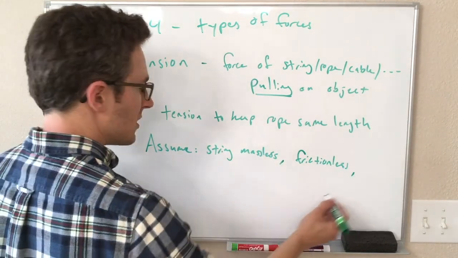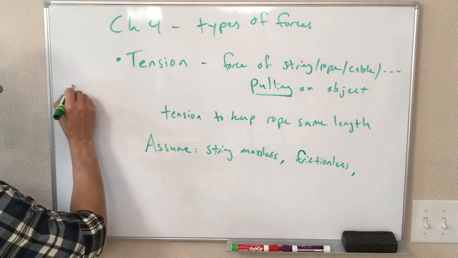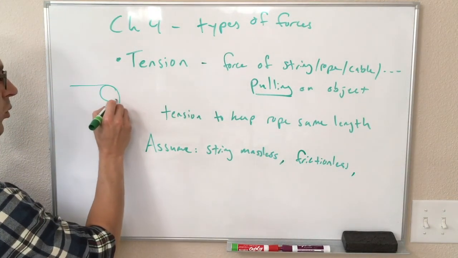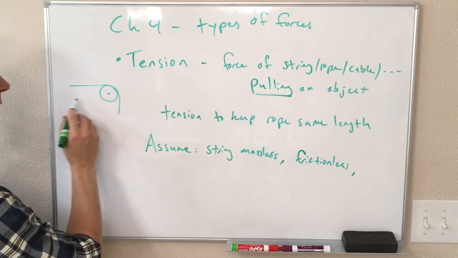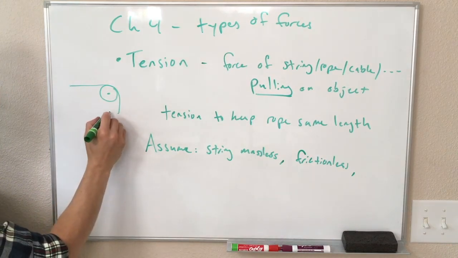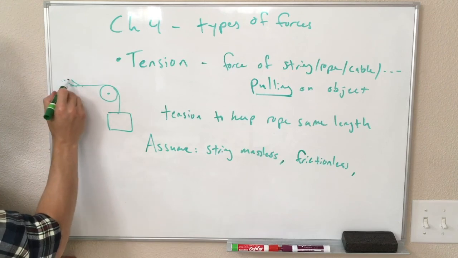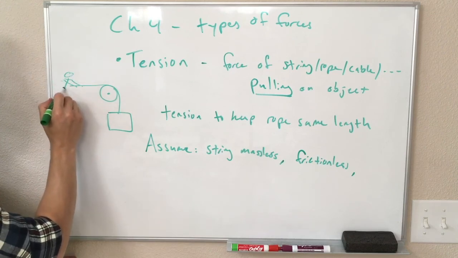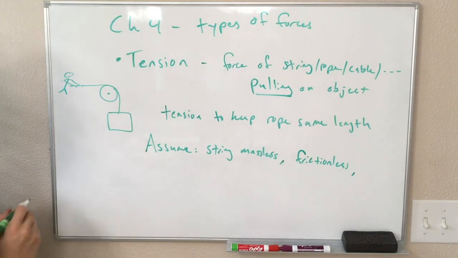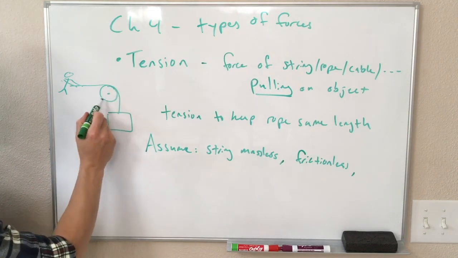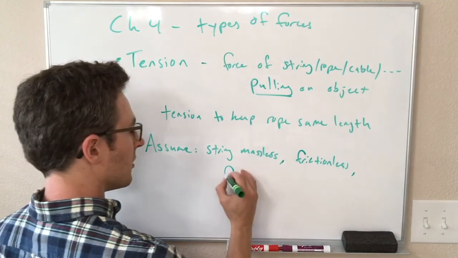And this also means if we have a rope that is going around a pulley, so we could have a wheel that turns and changes the direction of our rope, right? We have some block here and we're holding it up by holding on to the rope there. We're going to assume that this pulley is frictionless also.